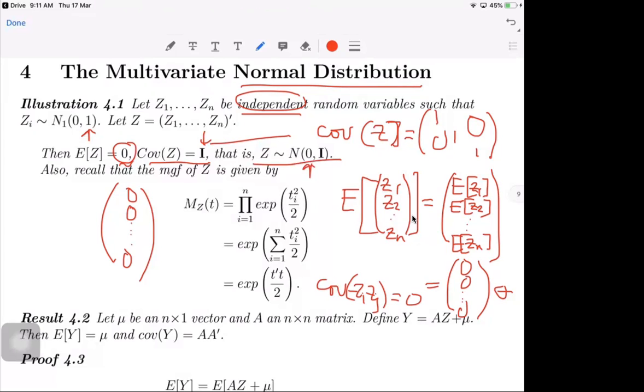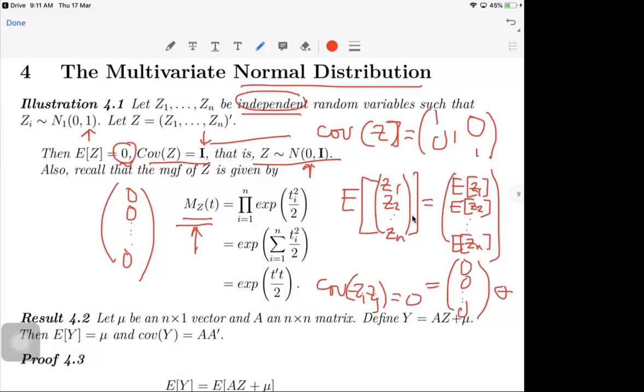Now, recall that the moment generating function for a standard normal z is equal to e to the ti squared over 2.